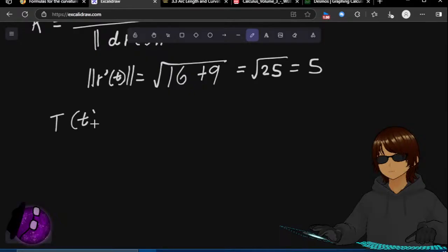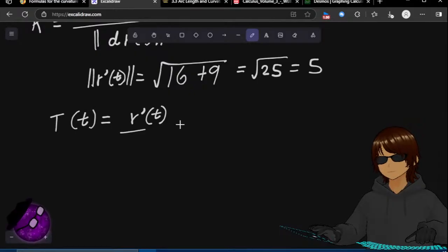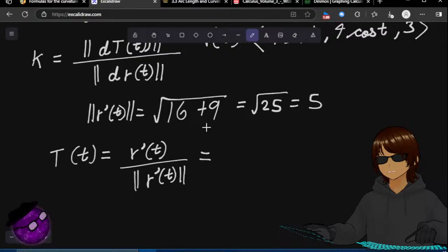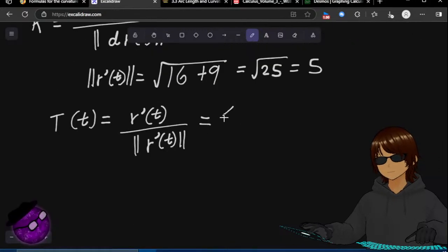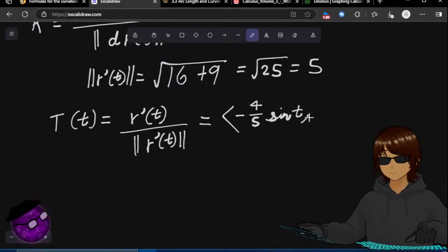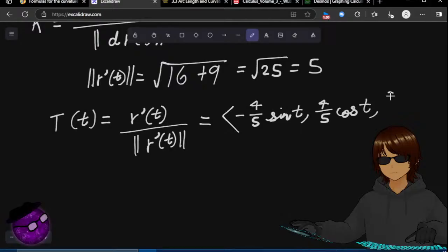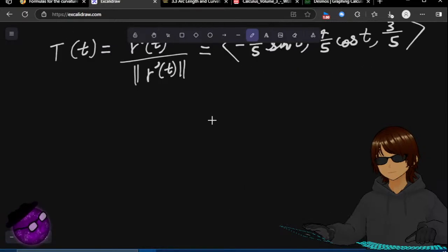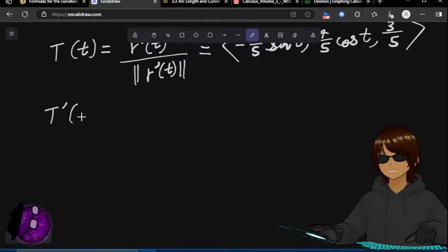So T is, we take the derivative, this is the tangent vector. So now let's do the derivative of this.